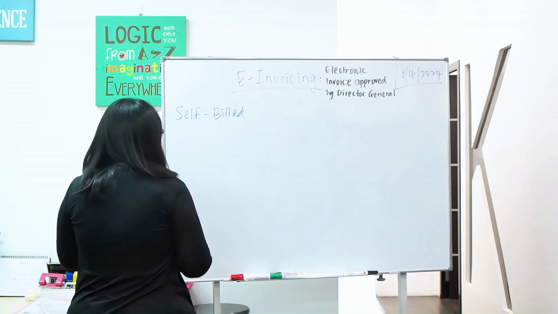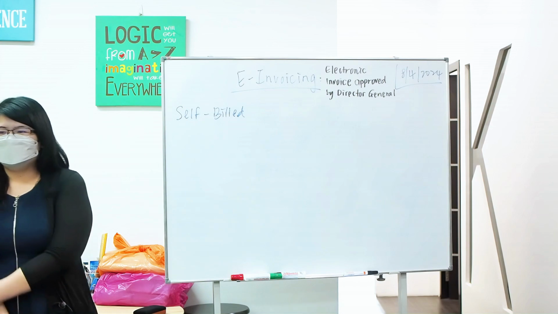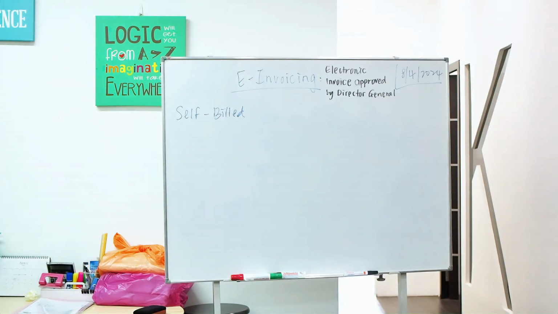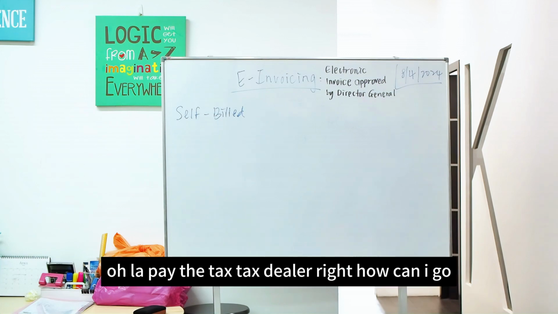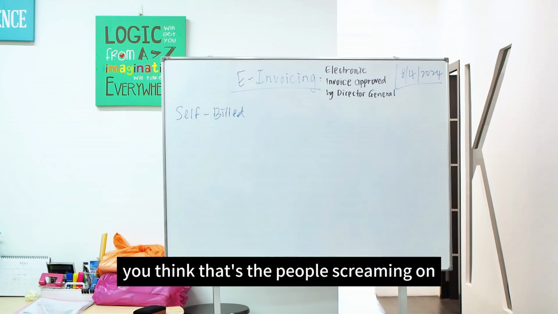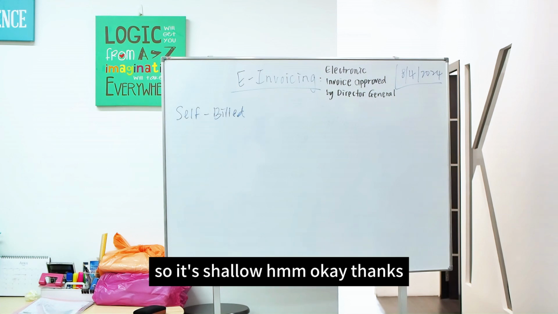I think because for import value they want to save the import duty or sales tax, things like that. So they ask me how. I said how would I know. Follow lah. Pay the tax as due lah, right? What can I do? You think custom people are stupid or not? The IRB are stupid or not? No. Right? So, inshallah. Okay, next.